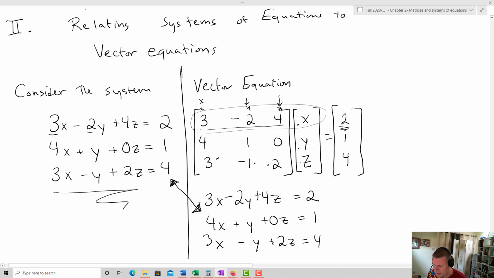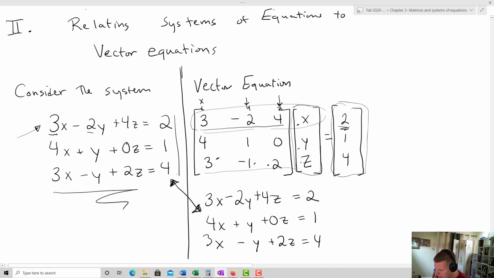All right, so what we want to get here is that if we take this matrix, a matrix made up of the coefficients of the system of equations, and we multiply it by a matrix made up of the variables, what we'll end up getting is the right-hand vector, which will be made up of these values on the right-hand side of the system of equations.